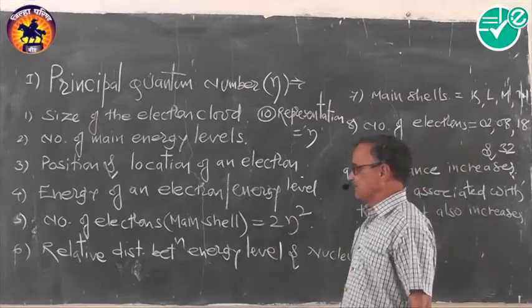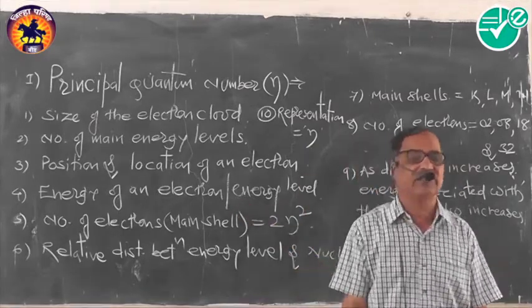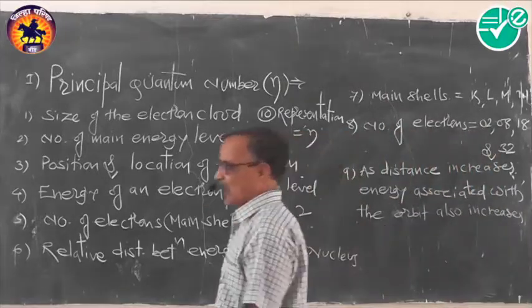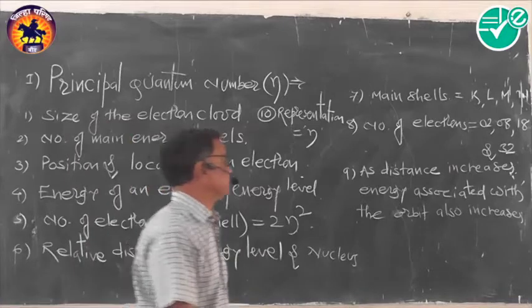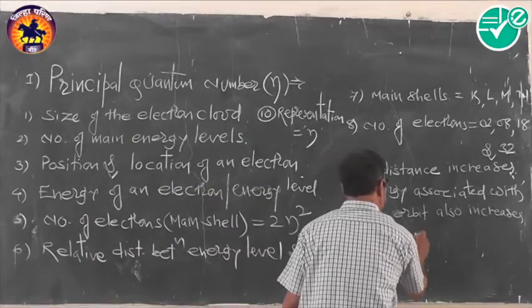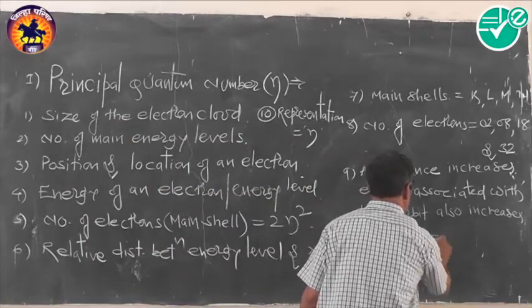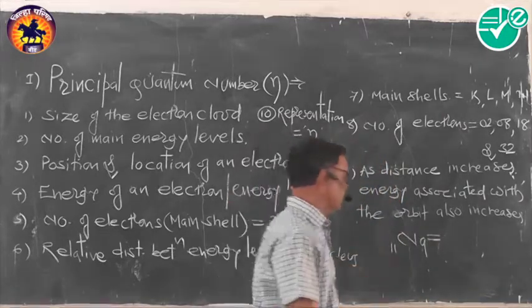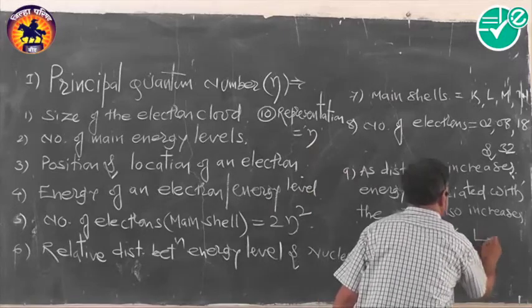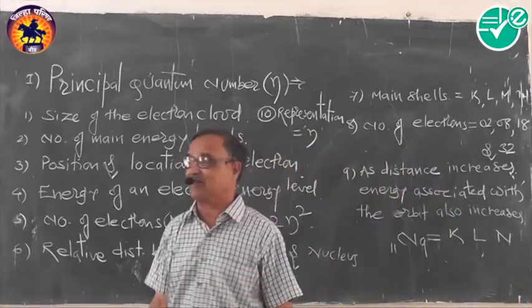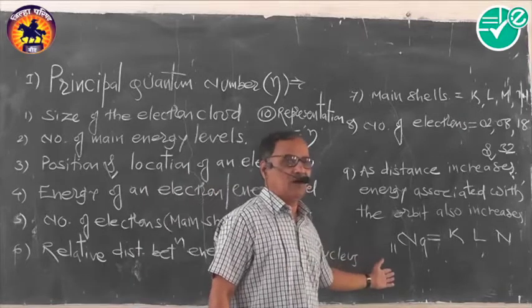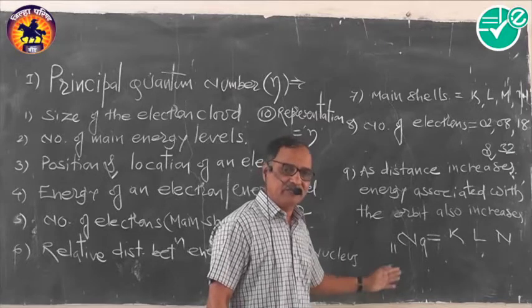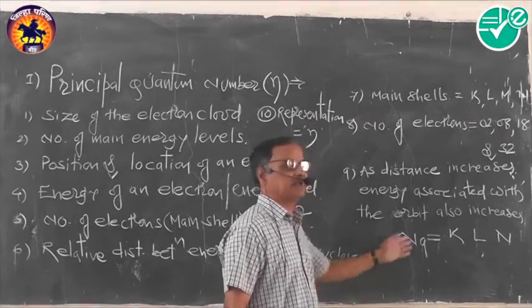The fourth point is the energy of an electron and energy level. Suppose the atomic number of an element is 11. It means the discussion is about sodium. Sodium has atomic number 11, so it contains 11 protons and also 11 electrons.